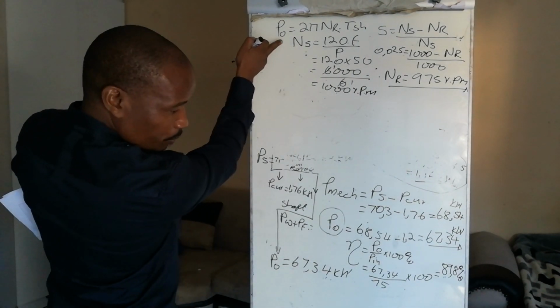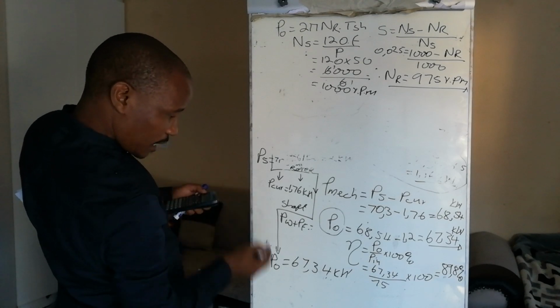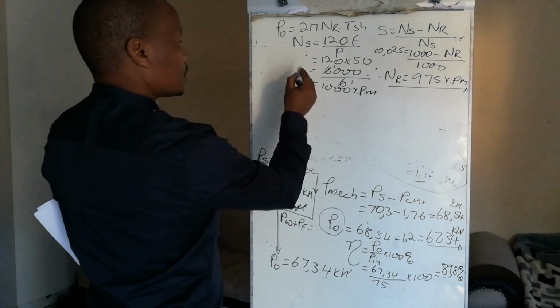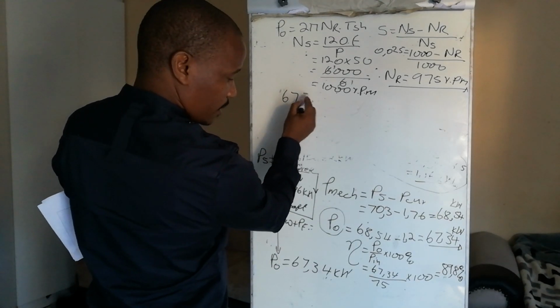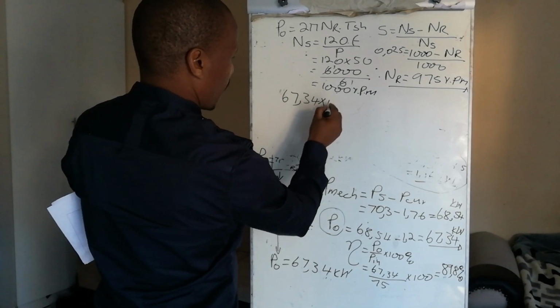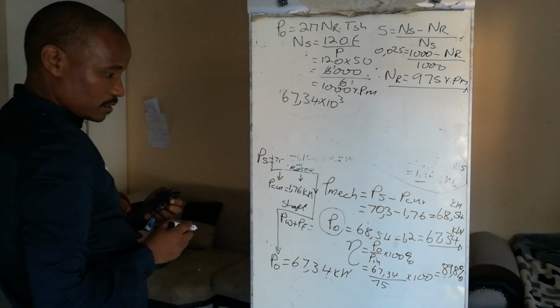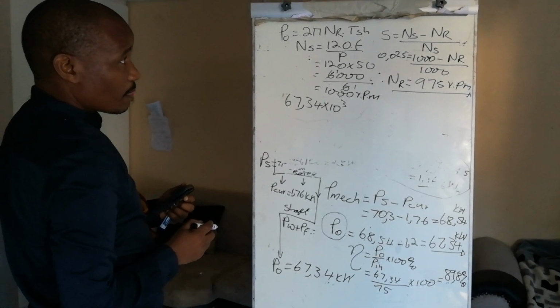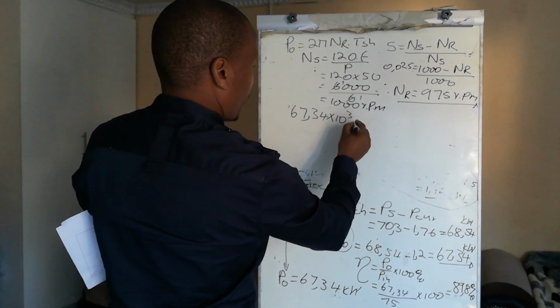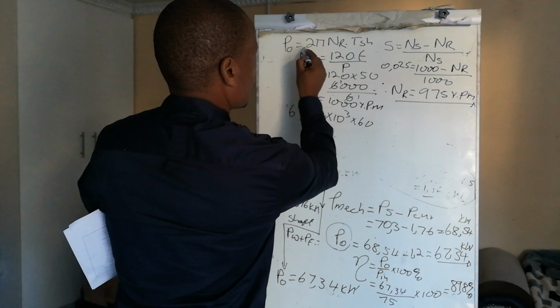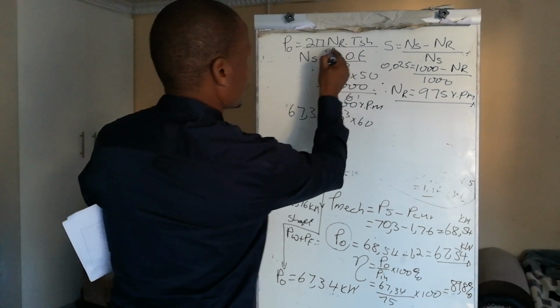Okay, this output was calculated as how much? It was calculated as 67.34 multiplied by 10 to the power 3, multiplied by 60. Remember, sorry, this was supposed to be divided by 60. Why?